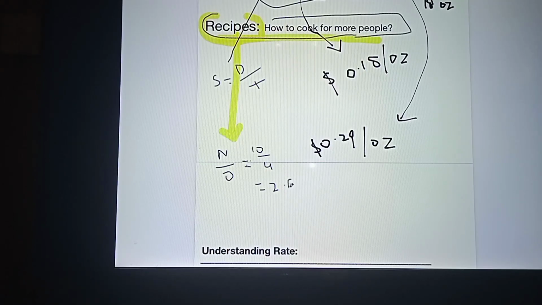So for the new serving, we multiply each ingredient by 2.5. This way we can manage to cook for more people.